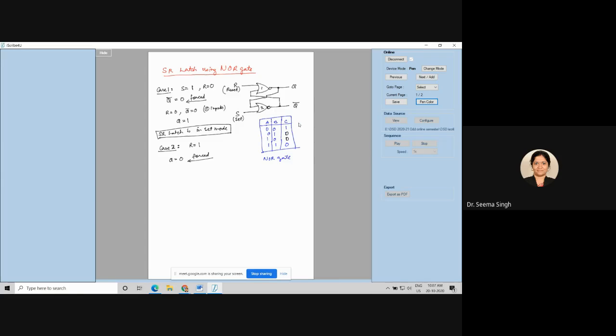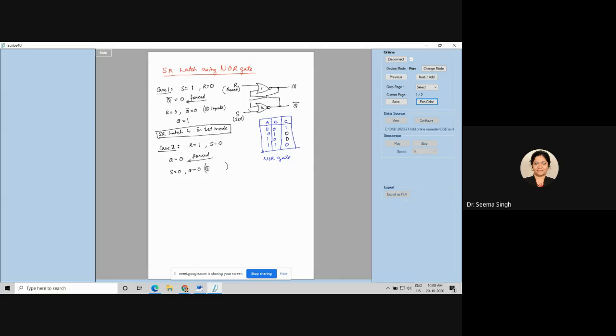So when reset is 1, I am assuming that set is 0. Okay. So now when set is equal to 0, you will have your Q as 0, which is forced. Q is 0 and set is also 0. So my inputs are S equal to 0 and Q equal to 0.